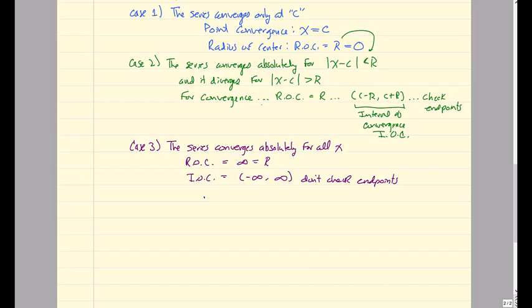Now remember, ROC equals r, which is the radius of convergence. This means how far can I move off of the center and still match that graph, or still converge. IOC, it's a C up there, is the interval of convergence.